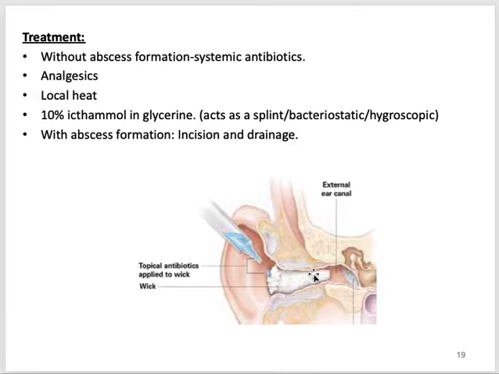And we can do ear toilet. So what is this ear toilet? They can put 10% ichthammol glycerine. This one is antiseptic basically, and you can put it inside the ear. It is more common in people who have diabetes, by the way.